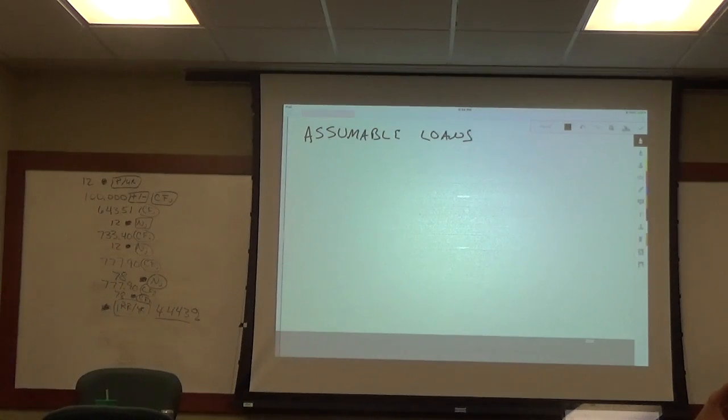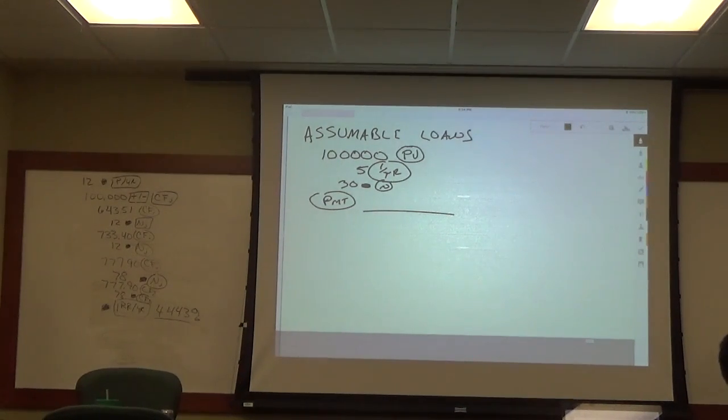All right, so let's work through a fairly simple example to illustrate the concept. So once again, $100,000, 5%, 30 years, find the payment. At 5%, it's $536.82.